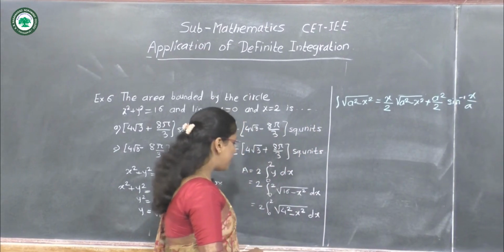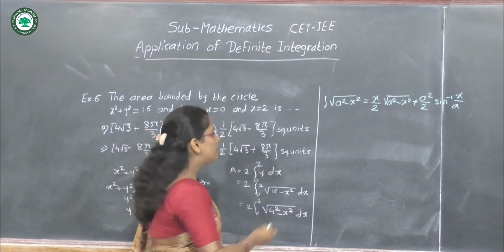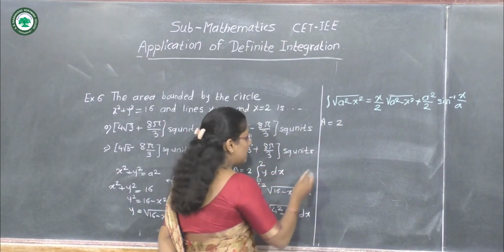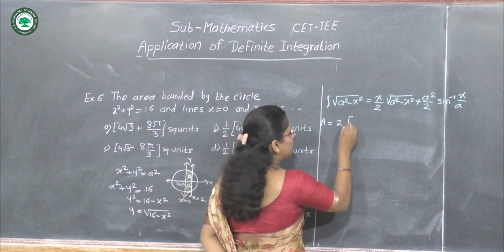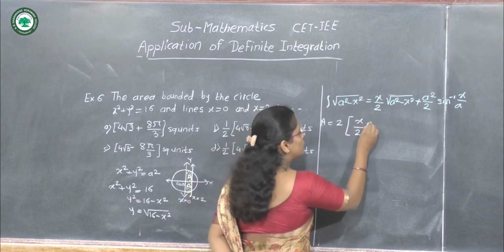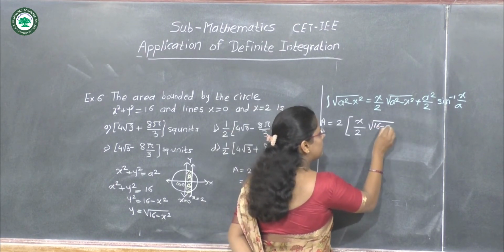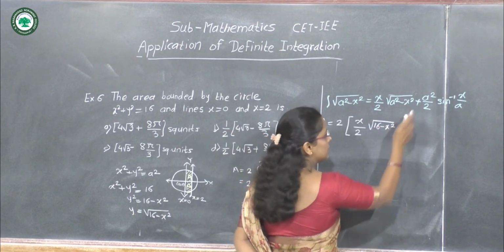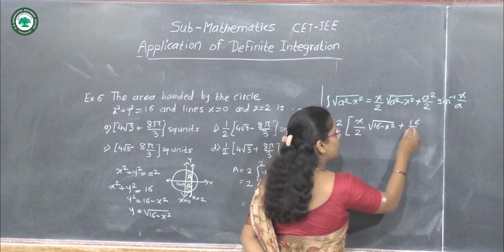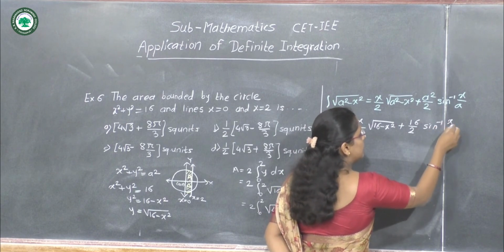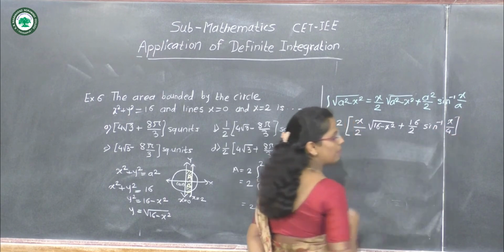We know the value of a is 4. Put the value, we get area is equal to 2 times integration x upon 2 square root of a square, 16 minus x square, plus a square, 16 upon 2 sin inverse x upon 4.